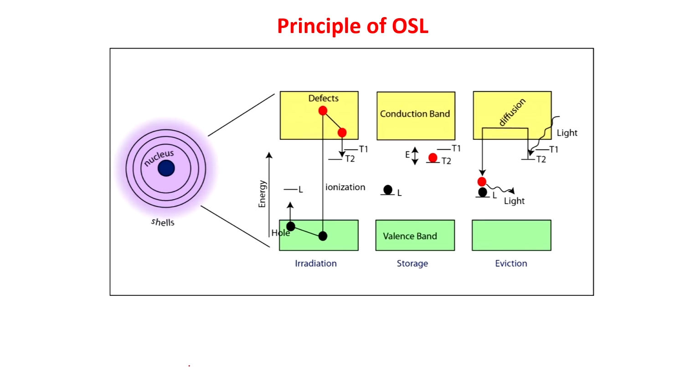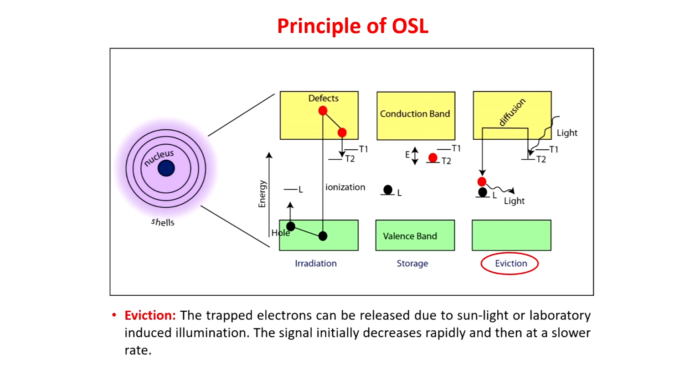And then the third one is the eviction, that is, the trapped electrons can be released due to sunlight, or laboratory induced illumination. The signal initially decreases rapidly and then at a slower rate. So, this is the process we are measuring in the lab, eviction.